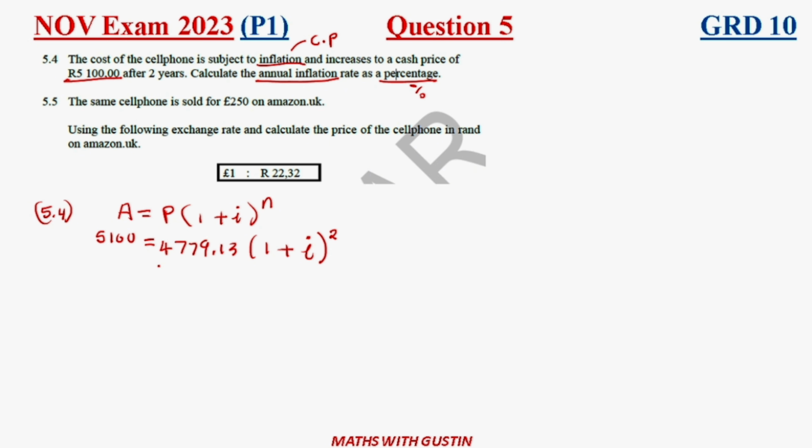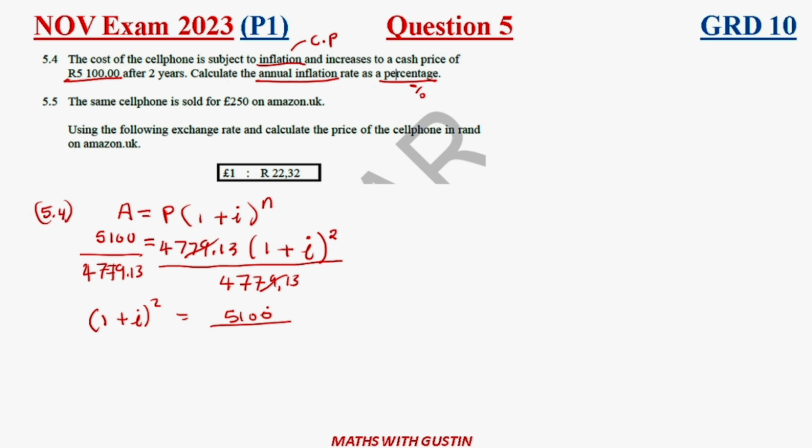Okay, so basically we're looking for i. So we're going to divide everything on this side by 4,779.13, and we divide the other side by the same amount. This side is going to cancel out, therefore we're going to be left with (1 + i)^2 equals 5,100 over 4,779.13.